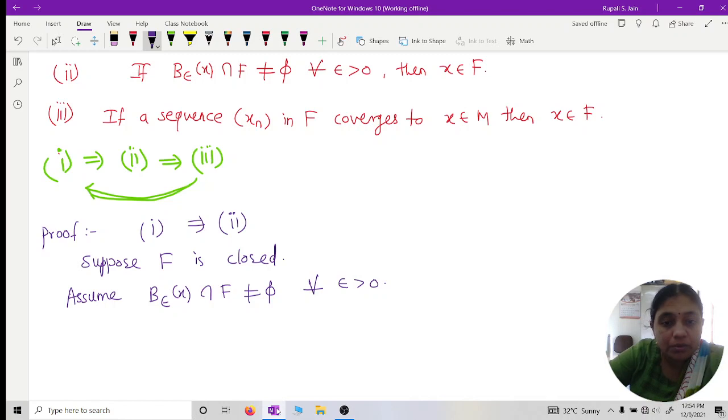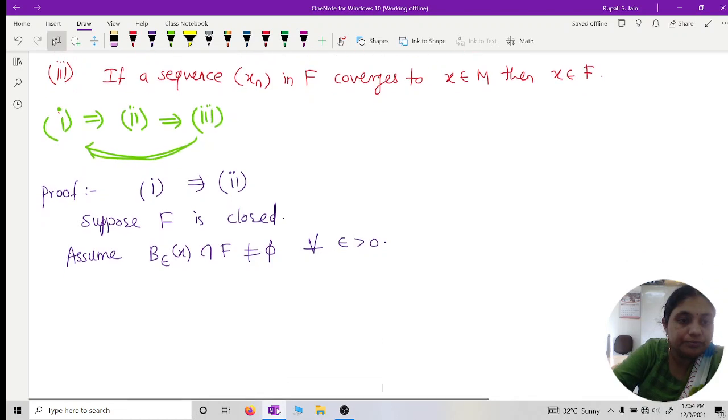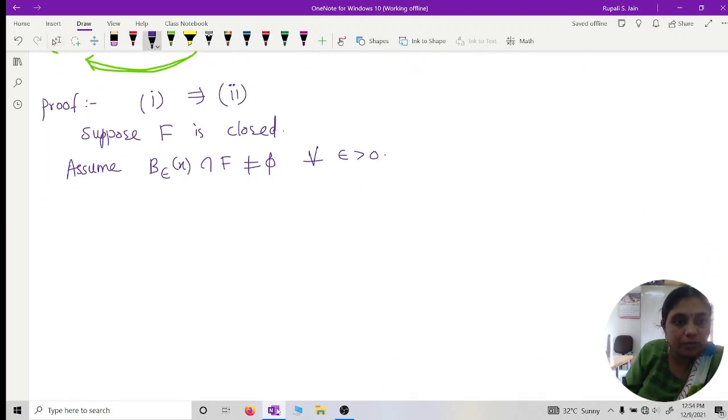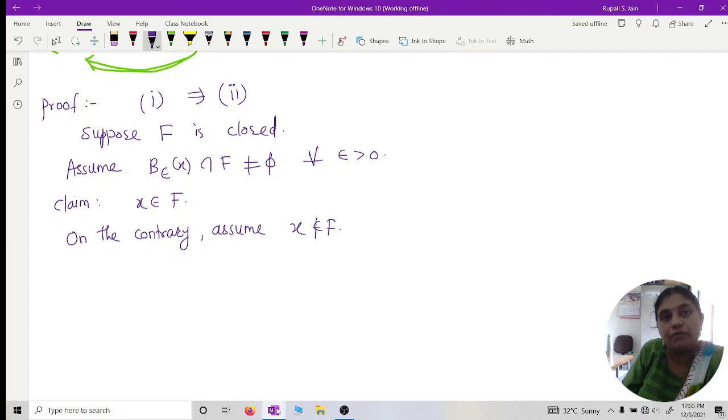I want to prove now x belongs to F, but on the contrary, assume x does not belong to F. If x does not belong to F, it belongs to F complement. This implies x belongs to F complement, and F is closed, so F complement is open.